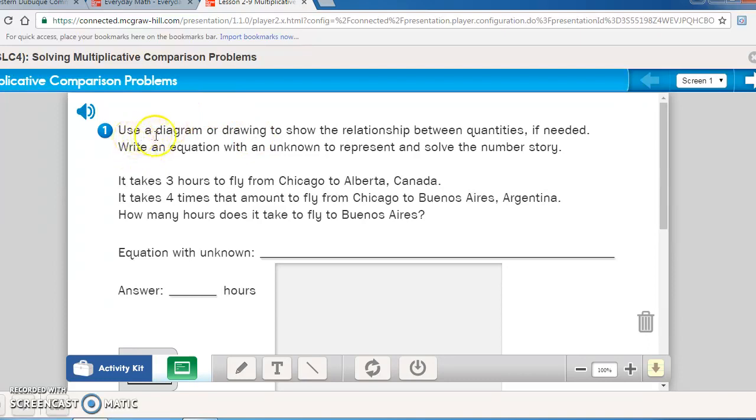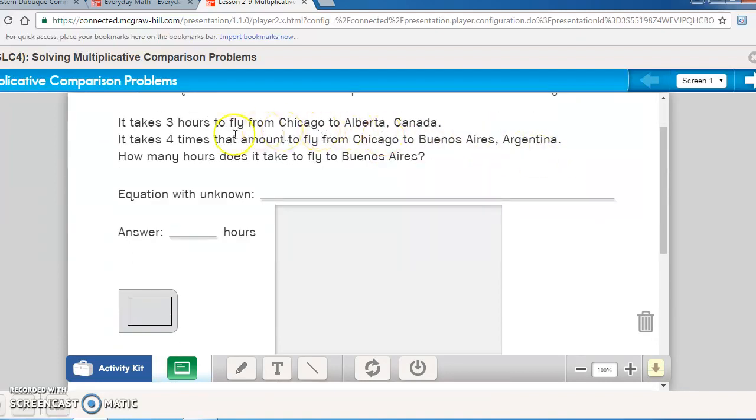These directions read, use a diagram or drawing to show the relationship between quantities. If needed, write an equation with an unknown, so an unknown can be any letter of the alphabet, to represent and solve the number story. It takes 3 hours to fly from Chicago to Alberta, Canada. It takes 4 times that amount to fly from Chicago to Buenos Aires, Argentina. How many hours does it take to fly to Buenos Aires?